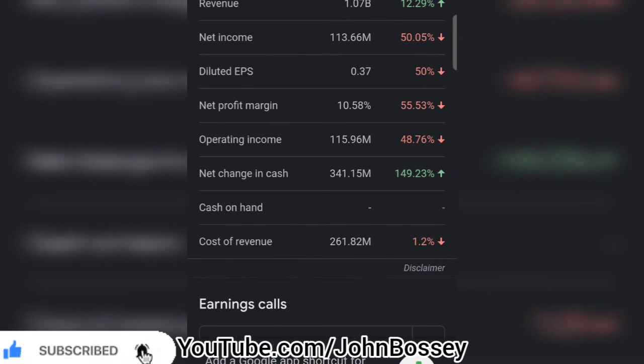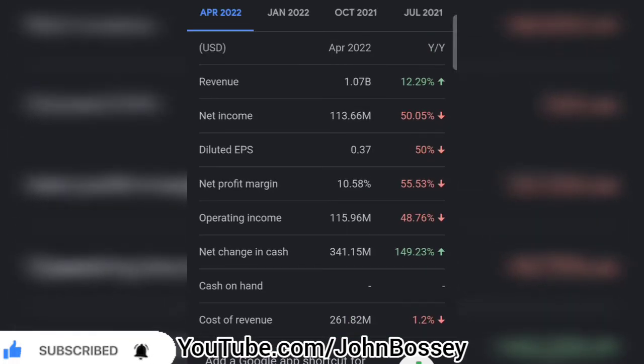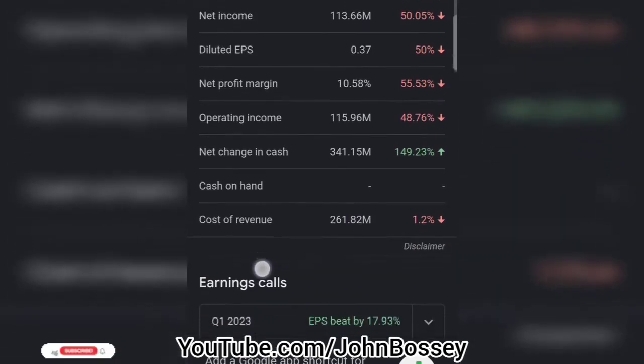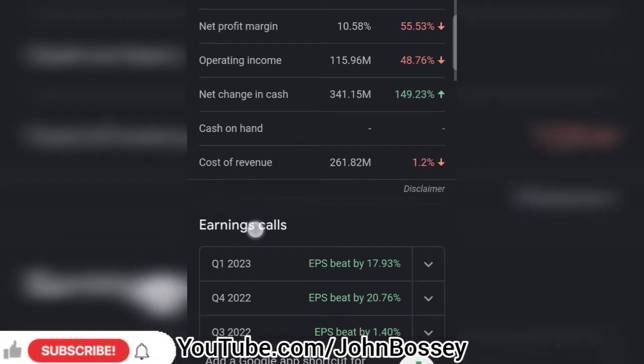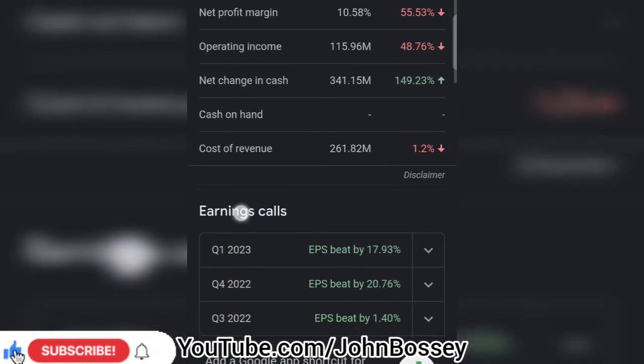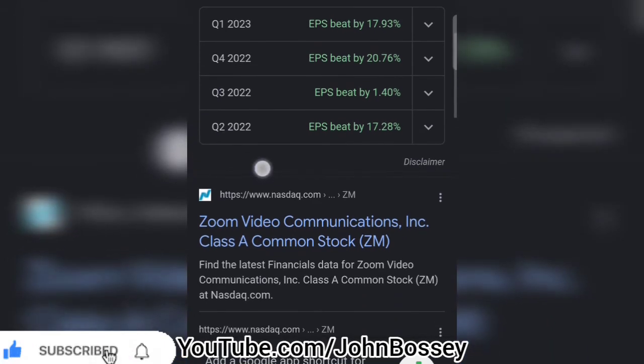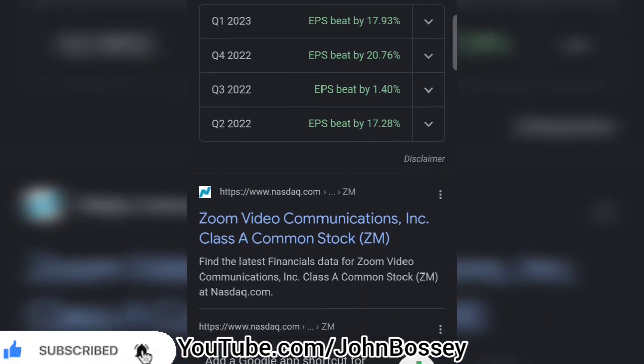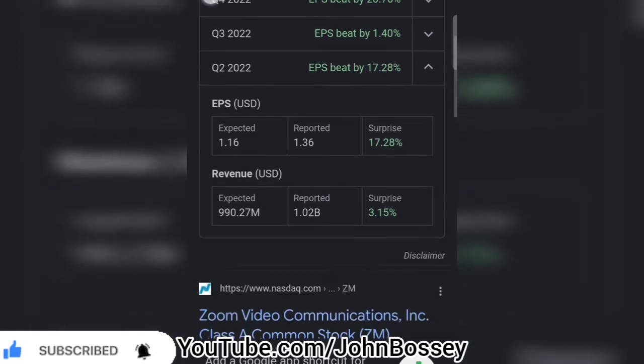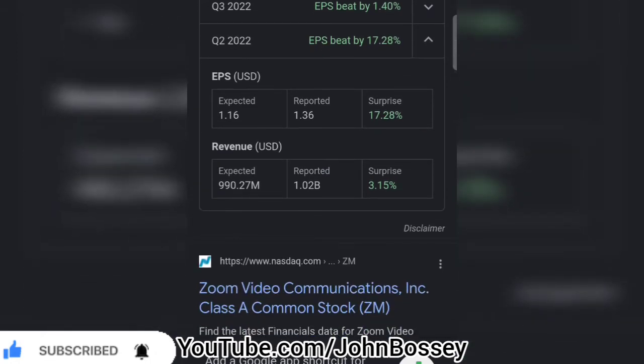Now, when you go to quarterly financials and you check the EPS, as at the third quarter of 2022, they reported a $1.03 earnings per share. So that means if you hold shares, you will be getting, for every share you hold, $1.36.